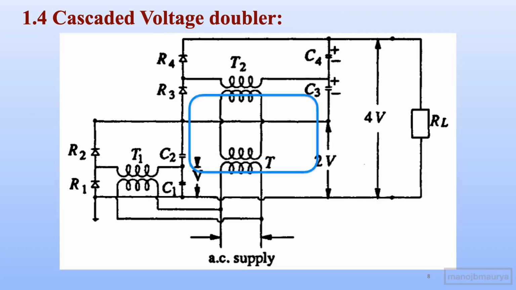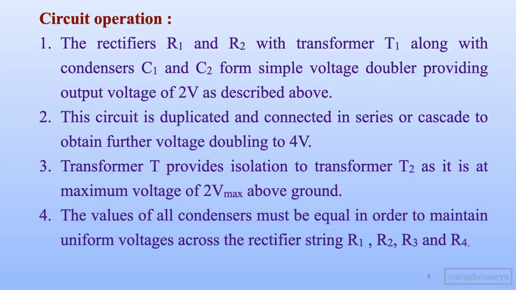The care has to be taken in such a circuit that the supply to the second stage voltage doubler must be isolated from the supply of first transformer, because the cathode potential of second stage voltage doubler is at a potential of twice V with respect to ground. So with this care, let us go through the circuit operation details as discussed.